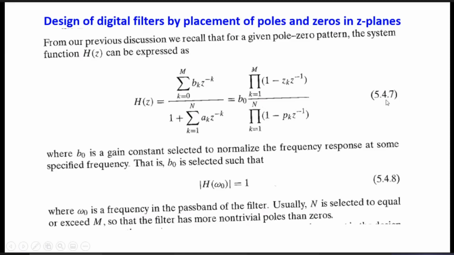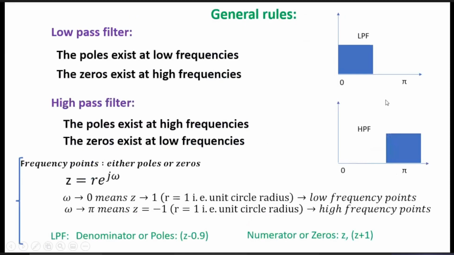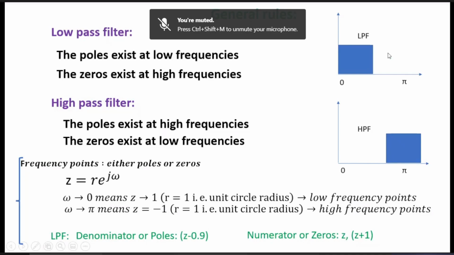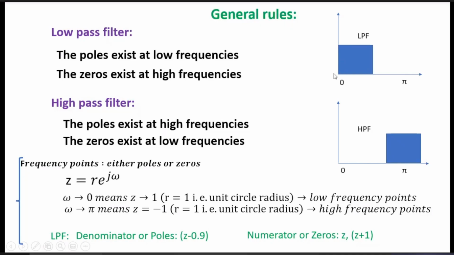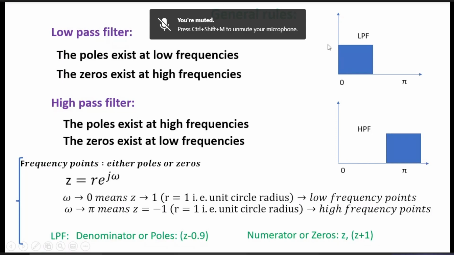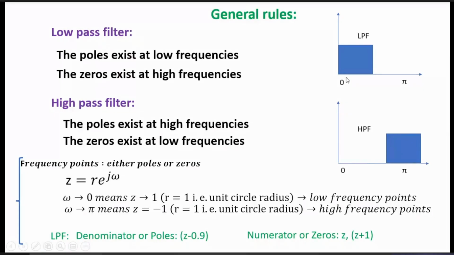Now, some general rules I'll describe here. Let us consider a low pass filter. What is the characteristic of a low pass filter? Near zero frequency it has high gain, that means near low frequency it has high gain, and at high frequency, that is digital frequency pi, it has zero gain.